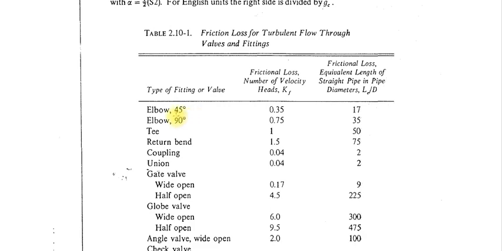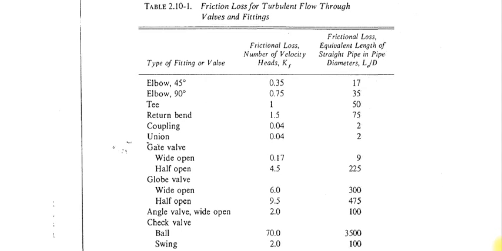So elbow 45 it is 0.35, elbow 90 it is 0.75, T joint it is 1, return bend it is 1.5, for coupling it is 0.05, for union it is 0.04, for gate valve wide open it is 0.17, for half open this is 4.5, for globe valve wide open it is 6, for half open it is 9.5. So you have the different values of the Kf.